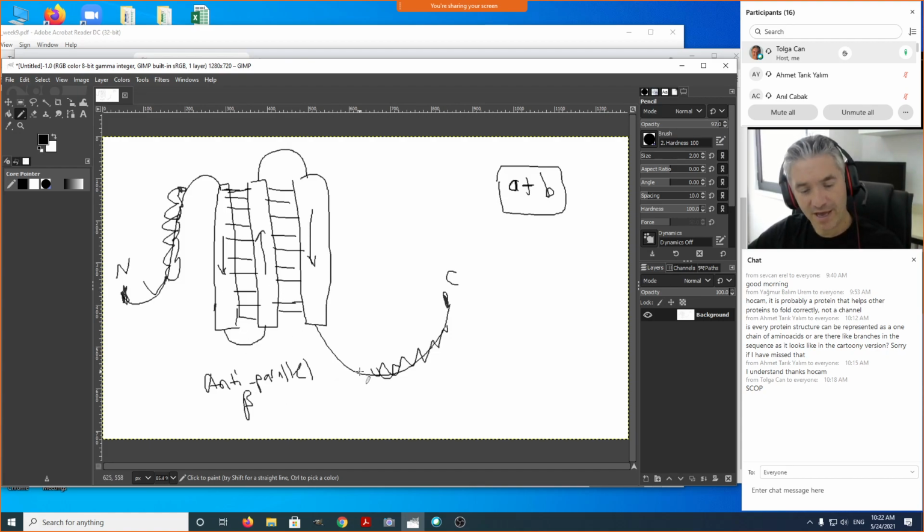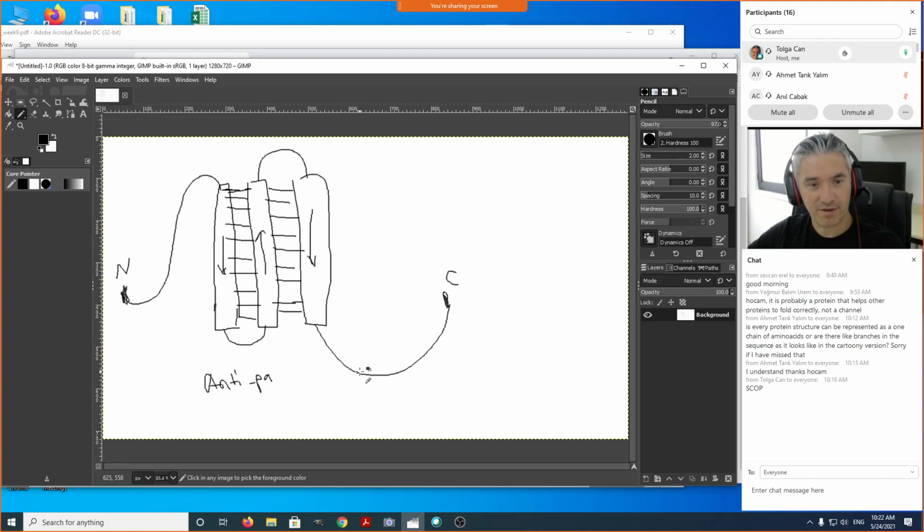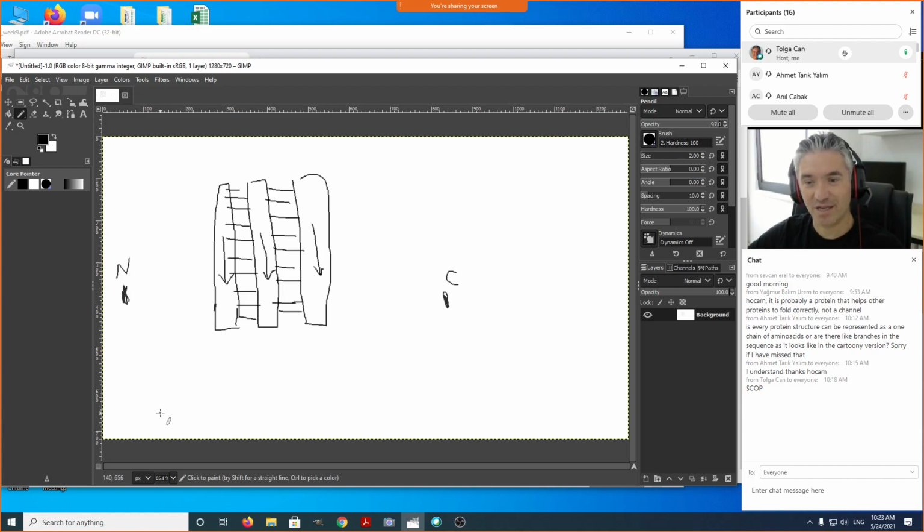So could we have, let me undo up to the point where I had only the beta strands without the sequence order. Now, I have the same beta strands. Can they be facing all the same direction? Is it possible? Can I have the same beta strands all facing the same direction, which we call parallel beta strands?